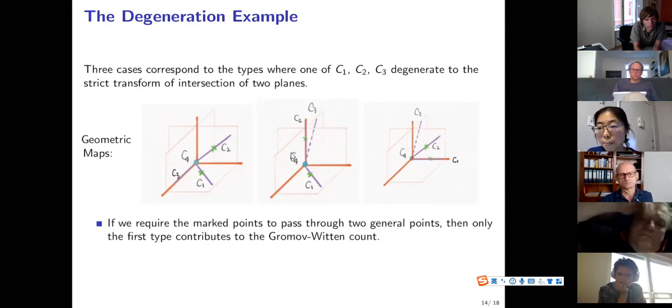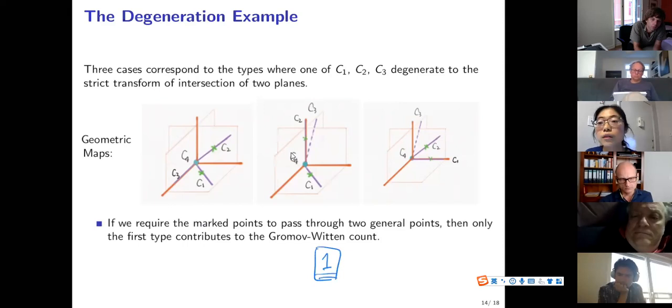And that's actually how, if you're familiar with the decomposition paper, the degeneration example mentioned in the paper of Abramovich, Chen, and Siebert, this will give us the Gromov-Witten count 1 in this case, as they mentioned in the paper.